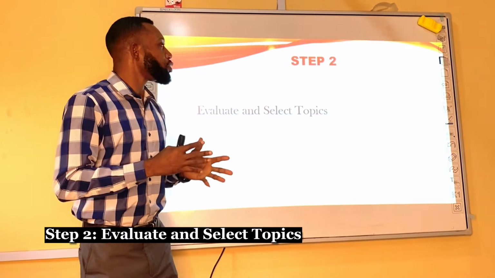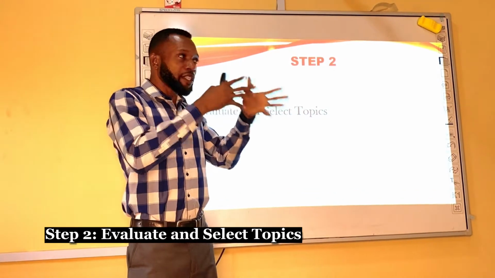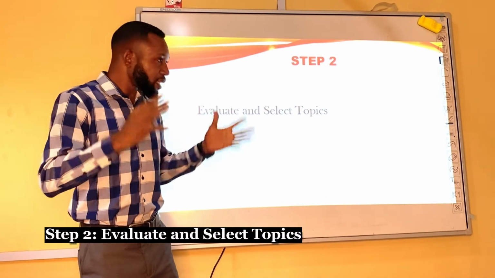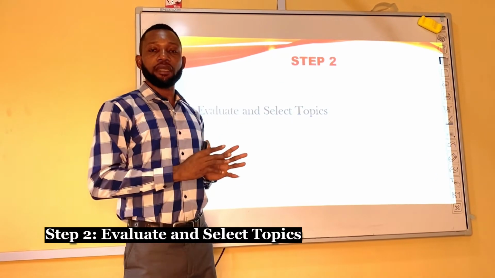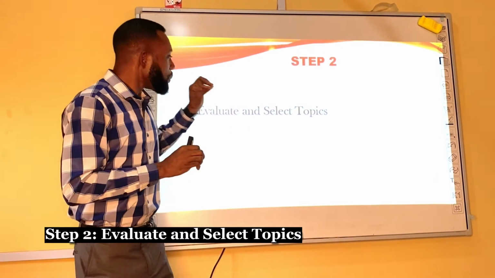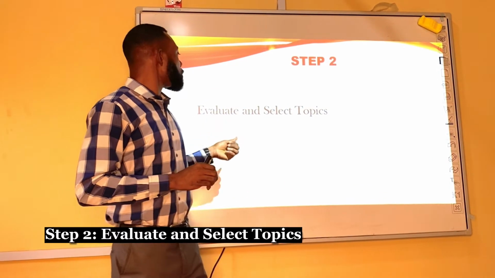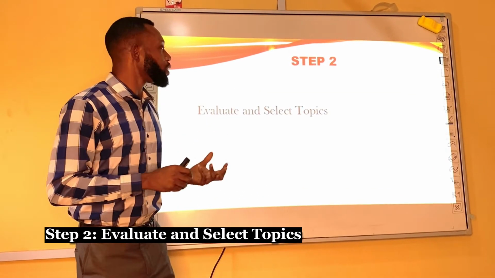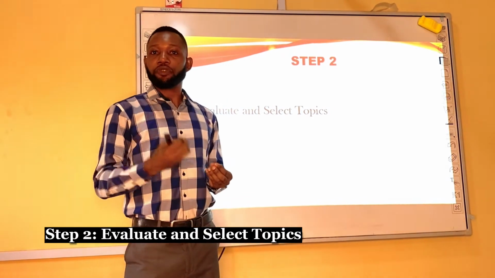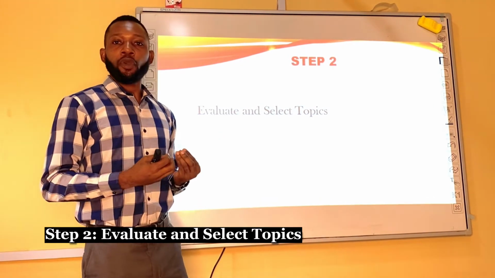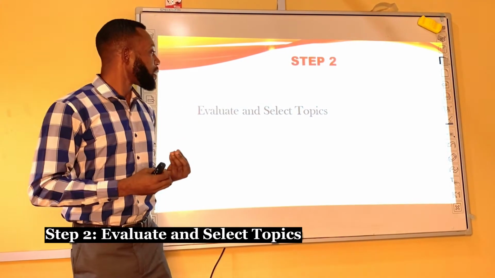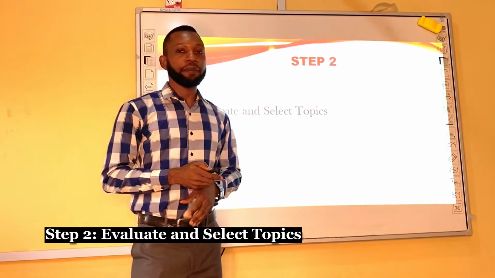It's not every literature that you have exposed yourself to that automatically constitutes part of the study. No, you have to be selective, and that is why you need to evaluate such literature. You need to interrogate literature. You need to examine whether such literature are apparent as far as your topic is concerned.